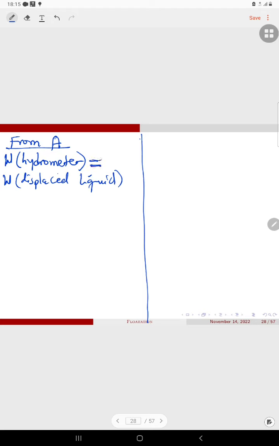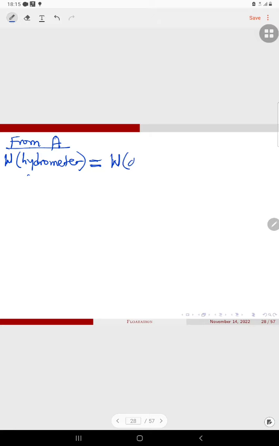And what principle is that? So the weight of the hydrometer is equal to the weight of the displaced liquid. And where did I get this one? That is from the law of flotation.